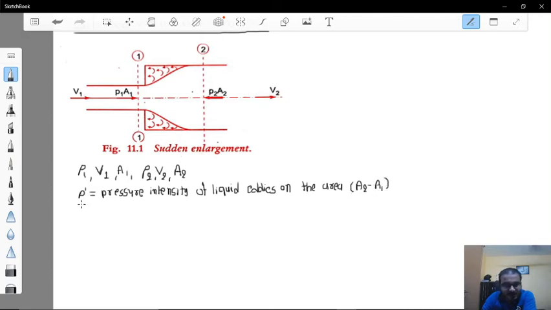Then he is equal to loss of head due to sudden enlargement.